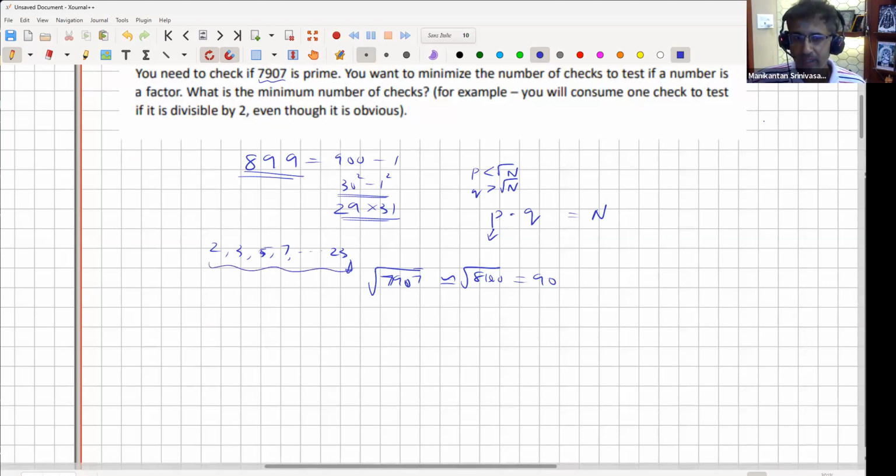A lot of population of prime numbers initially, as you expect, and then they become sparse after that. So 24 primes till 90, because there are 25 primes till 100 and I think 97 is the only prime after 90. So we need to check 24 in this case. 24 checks. Cool.